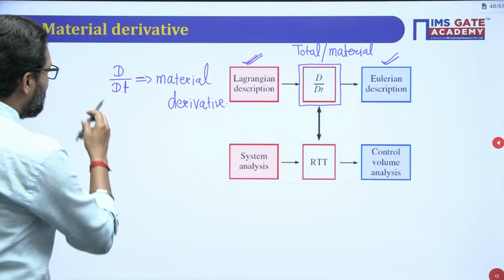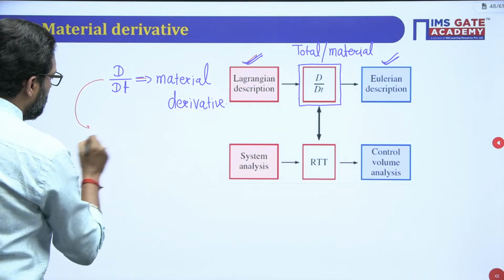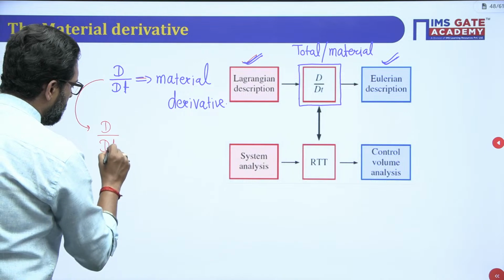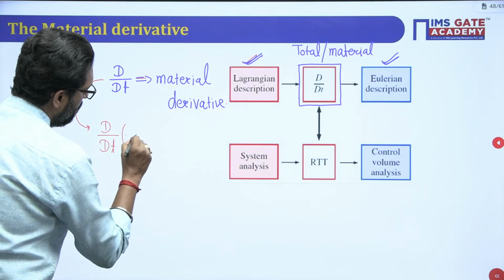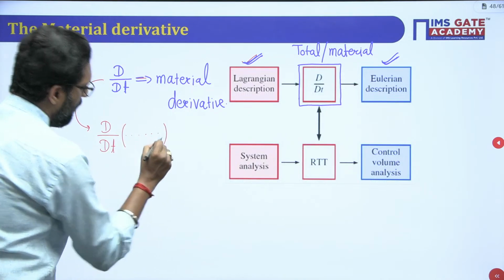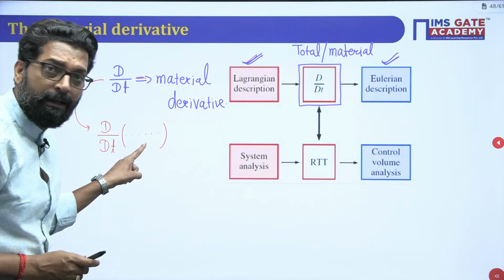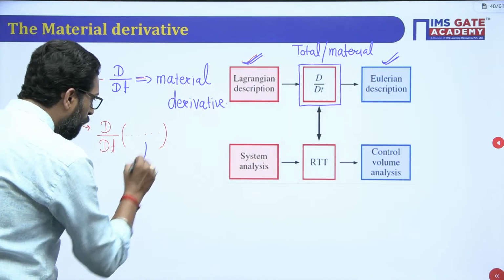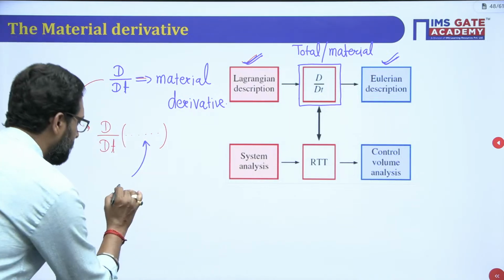Now the second thing, d by dt of anything here, either a scalar or a vector, is for the field, not for the particle.